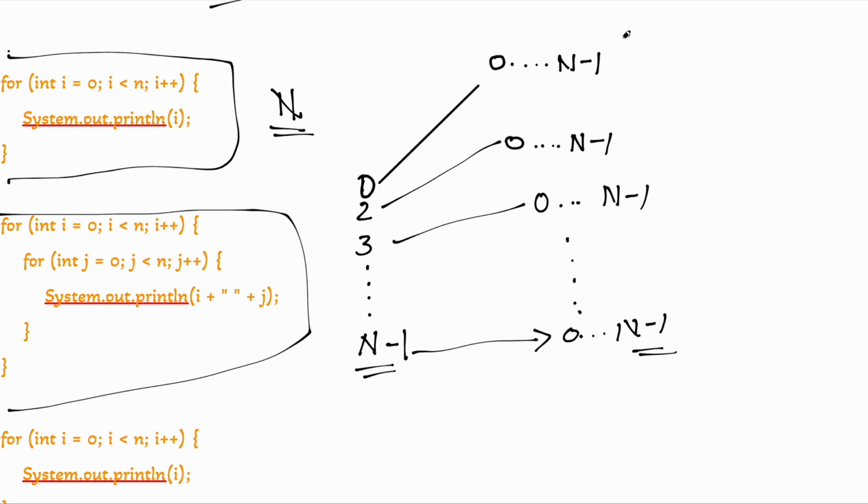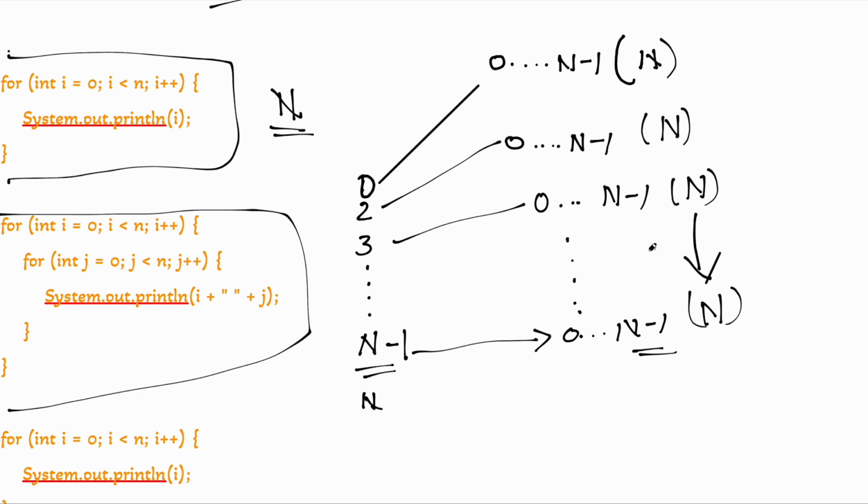How many iterations? n iterations, n iterations, n iterations. So these n iterations happen n times, which is n times n, which is n square.